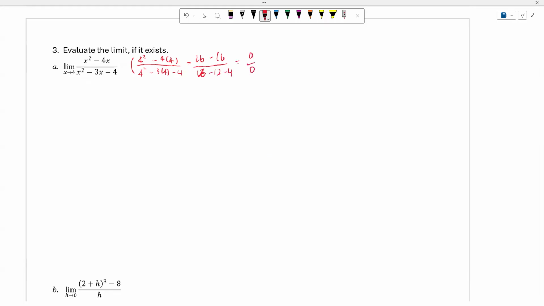Again, we get 0 over 0, so it is in indeterminate form. This gives me the idea that x minus 4 must be one of the factors. Let's see if this is the case.